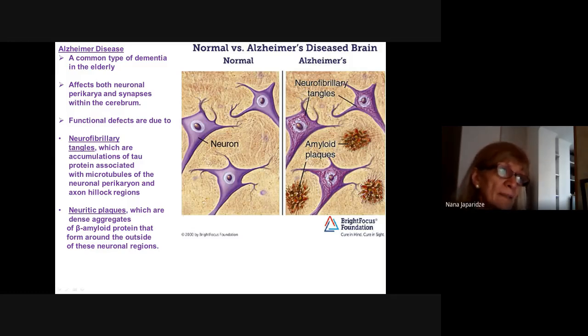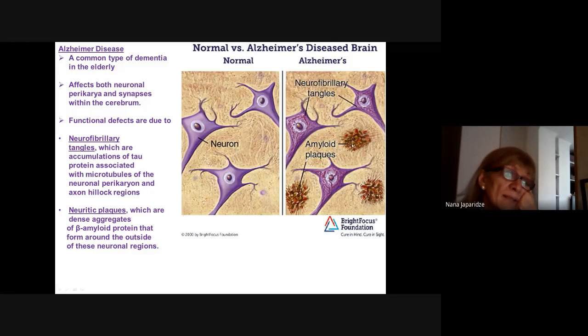These neurofibrillary tangles actually accumulate in the cell cytoplasm, and they are associated with the microtubules. You can see them also in the axon hillock.